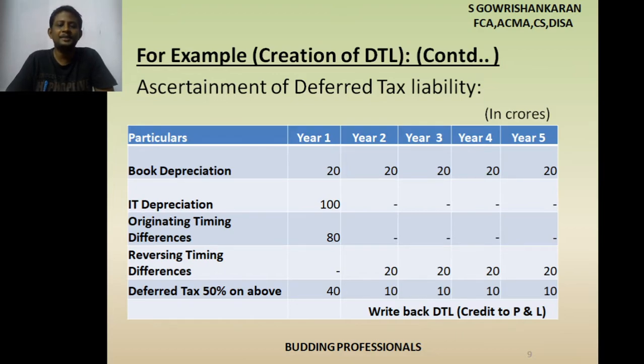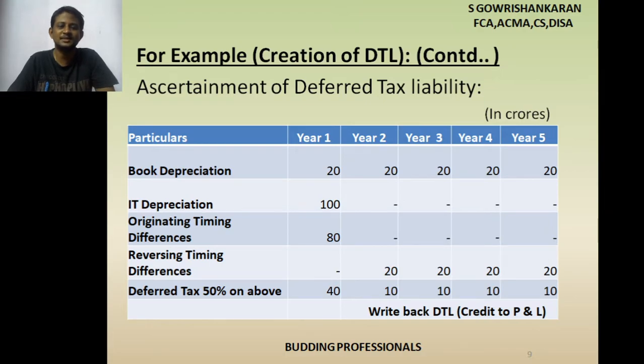IT depreciation how much? IT depreciation is 100 crore in the first year. So due to this originating timing difference, actually I have to provide depreciation of 20 crore only. But because of IT Act rules and regulations, I am providing 100 crores in the first year itself.